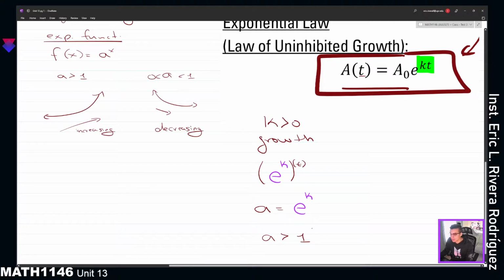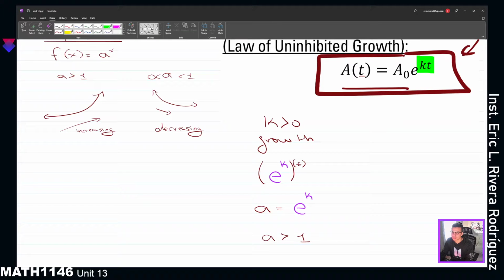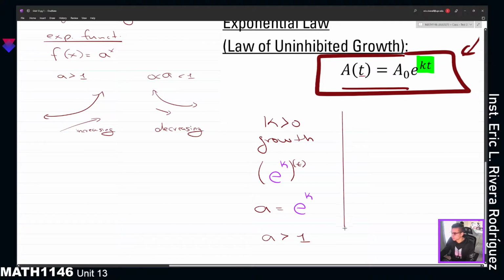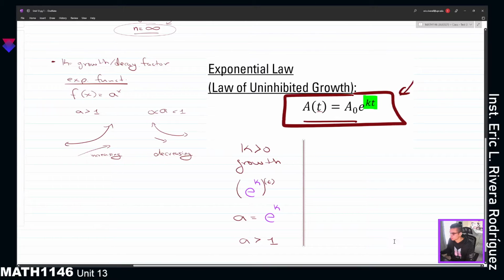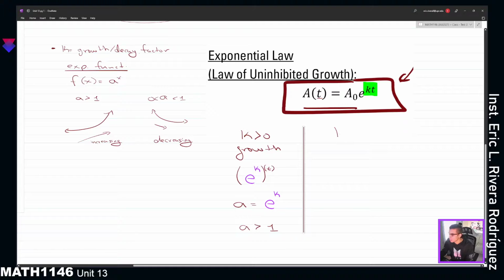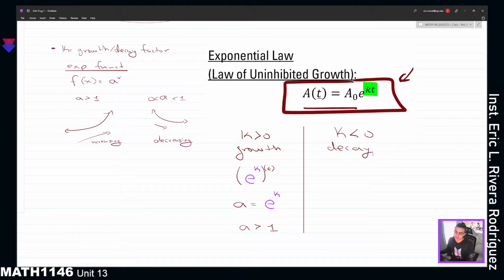All right, so nothing happened there. But what happens if k is negative? So we are in decay. Decay. Let me double check that.